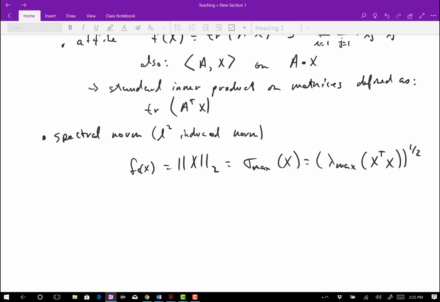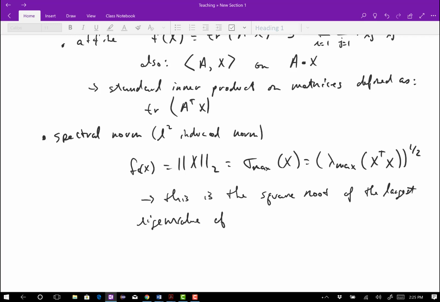So it's the square root of the largest eigenvalue of x transpose x. Okay.